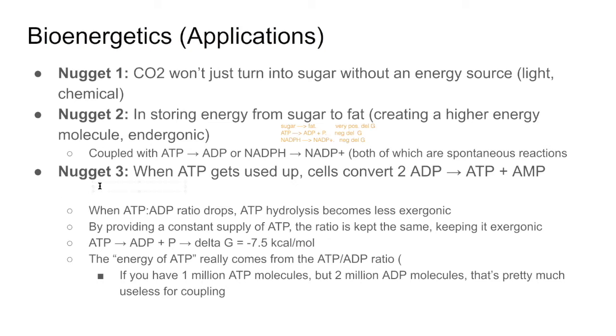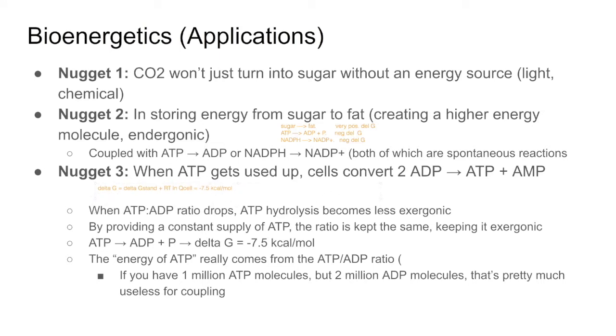So if I take my delta G equals delta G standard plus RT ln Q, what we're saying is that in the concentrations in the cell, where Q is Q cell, this is equal to negative 7.5 kcal per mole. So this is what our current background is.